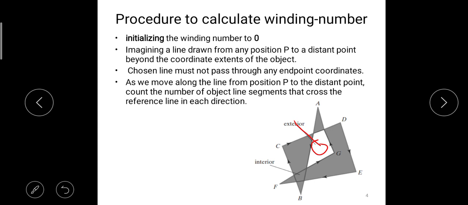The chosen line must not pass through any endpoint coordinates, that is, either from C or from B or from A. So you should not pass a line through the endpoint coordinates, something like this.